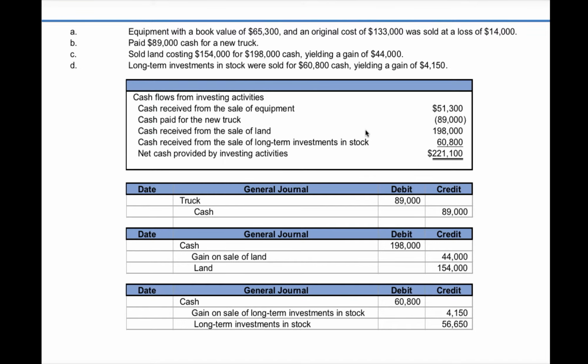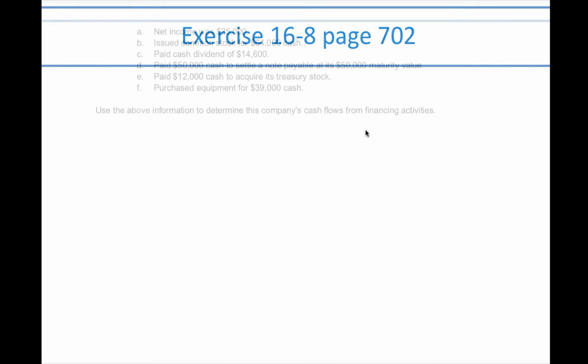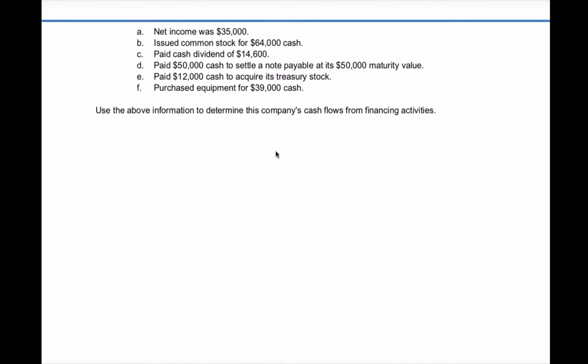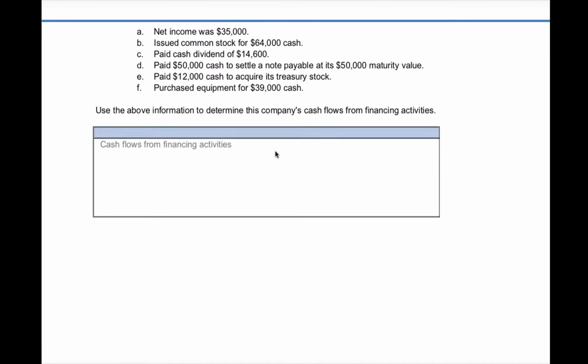You'll see when we get to financing, which is this one, that it will look very similar. Okay, so again, we've got these transactions. We're going to recreate them in order to pull out the components that affected cash.